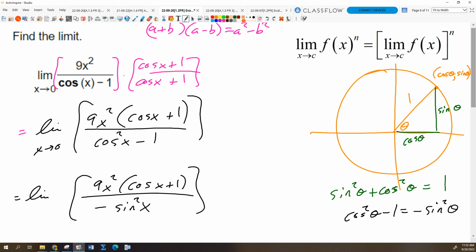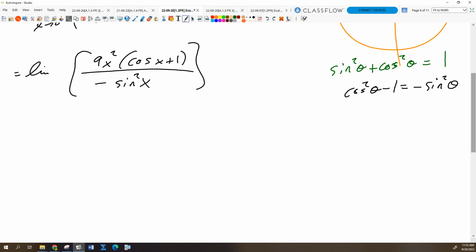How can I break this thing apart into a part that I know the limit of? Which special trig limit am I gunning for here? Which is the one that's going to be useful to me, do you think?